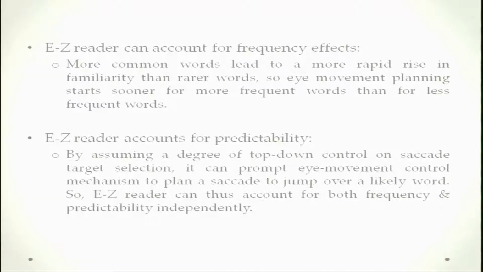That is one. The second is that E-Z Reader, because it is talking about the L1 stage and parallel saccade planning and then the L2 stage, can account for predictability being a very important factor. By assuming a degree of top-down control from the frequency and familiarity analyses on saccade target selection, this can prompt the eye movement control mechanism to plan a saccade to jump over a likely word, because you are at this word, but the next word you are almost sure is what it is.